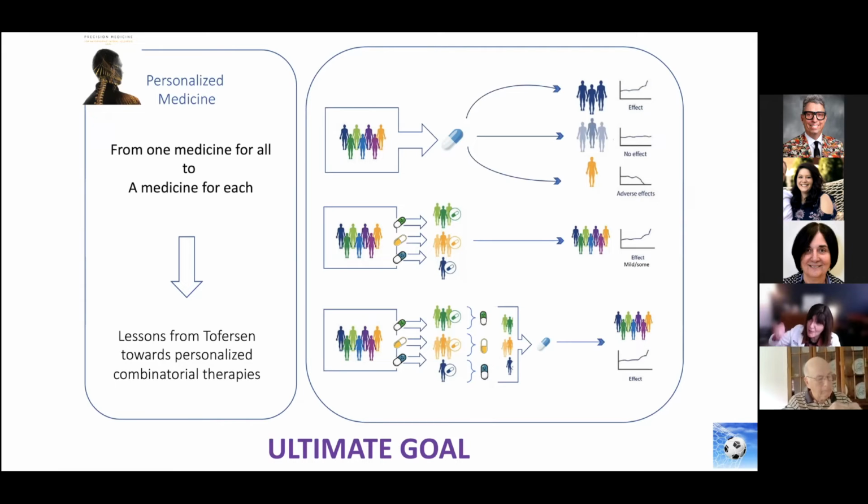Perhaps if we really bombard this disease at every different level, from the beginning to the middle to the end, we will be able to design a very effective therapy. And this is really our ultimate goal.